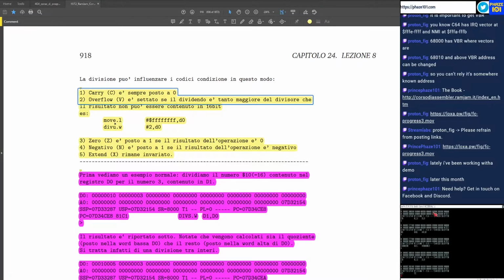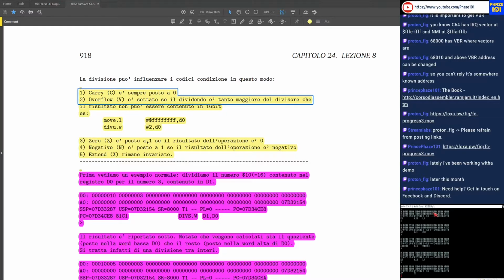As I will show, move.l of a long of all F's, divided by unsigned 2, gives an answer that will not fit into a word, so then we have the V flag set.